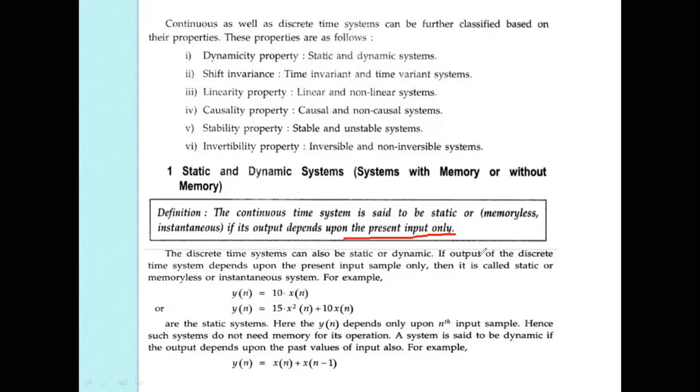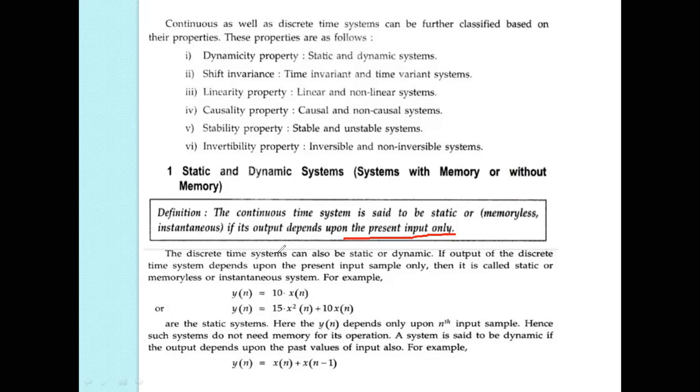Only if the output has the present input can we call it static. Otherwise it is dynamic. The combination of the past and present inputs, or the combination of the past and future inputs, along with the present input, we can call a dynamic system.